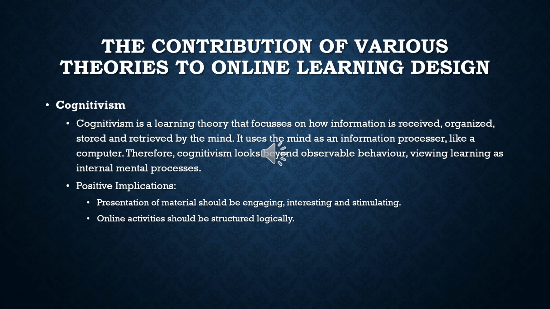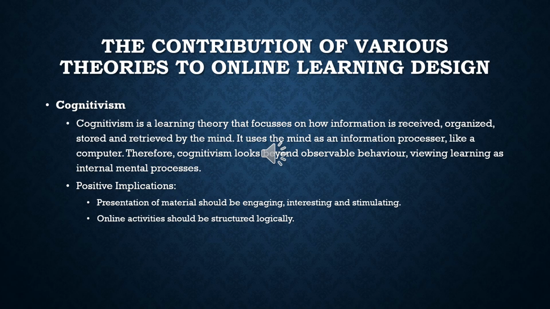Next, we look at cognitivism. This is a learning theory that focuses on how information is received, organized, stored, and retrieved by the mind. It uses the mind as an information processor, like a computer. Therefore, this theory looks beyond behavior and views learning as internal mental processes.